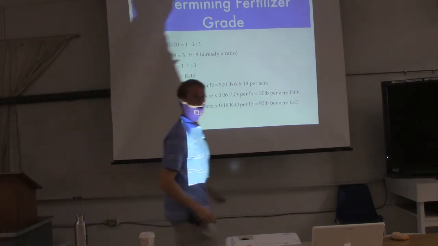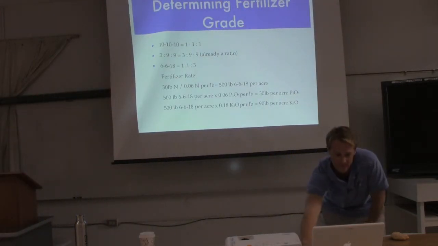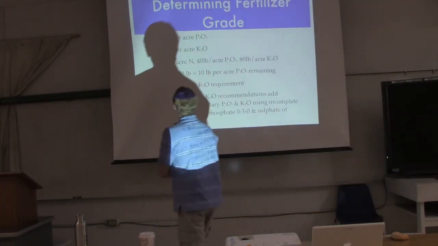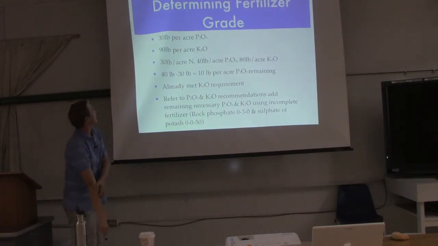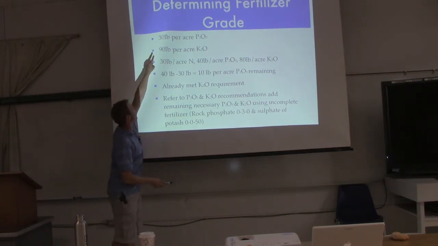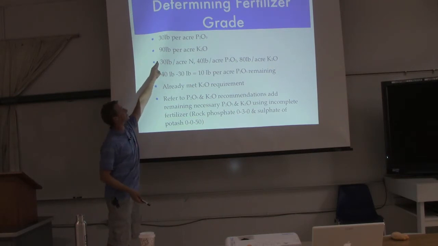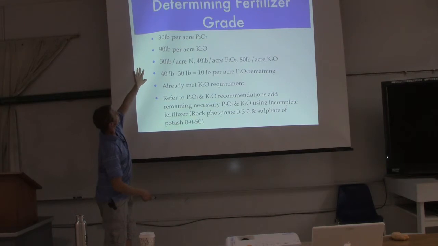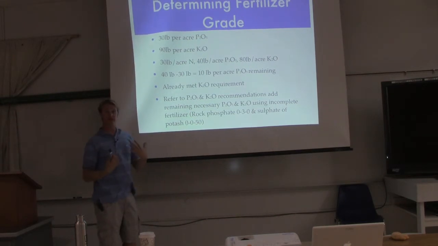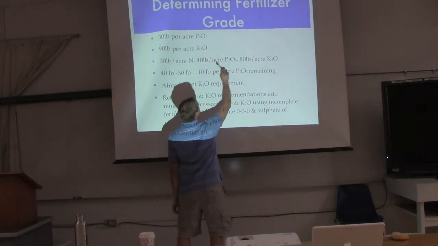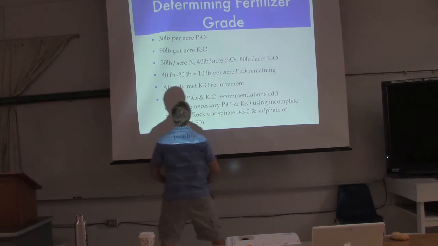Now, let's see if we met our requirements. In addition to meeting my nitrogen requirement, I'll be adding 30 pounds per acre of P2O5 and 90 pounds per acre of K2O. I just figured that out, right? Well, my given requirement that the analytical laboratory told me is to put out 30 pounds of N, 40 pounds of P2O5, and 80 pounds of K2O.